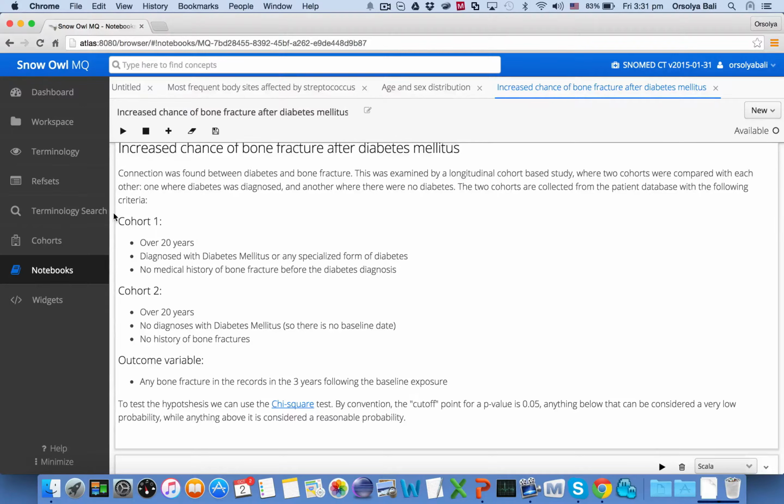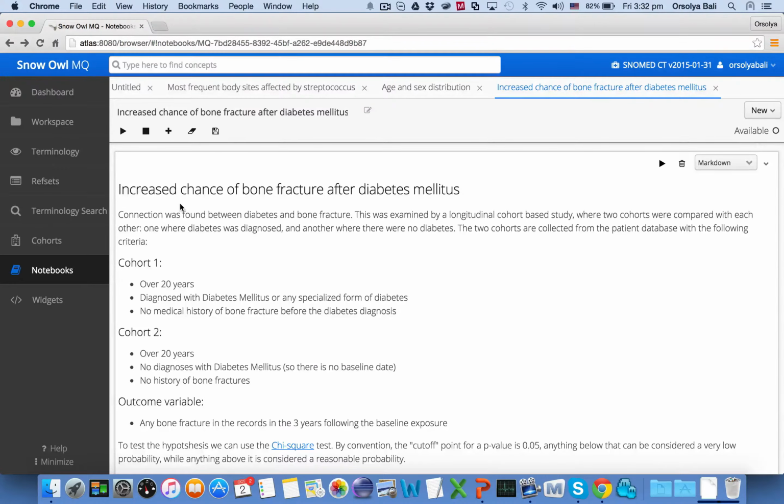And on these two groups, we were looking for occurrences of bone fracture. Bone fracture is also described with a SNOMED CT query, where we're returning all the diseases that are associated with a morphology called fracture and that are located in some bone structure. This gives us the entire list of bone fractures, and it doesn't matter whether they're in the extremities or in the skull or anywhere else.